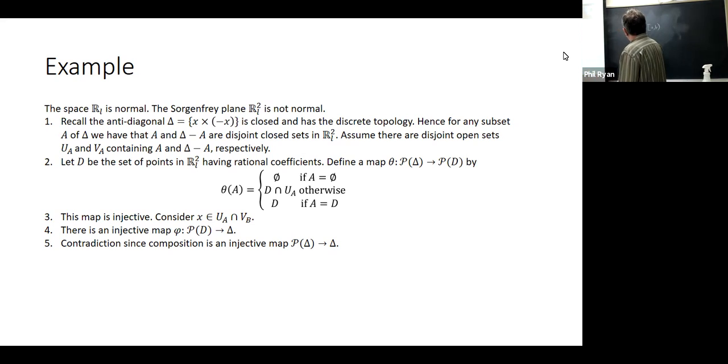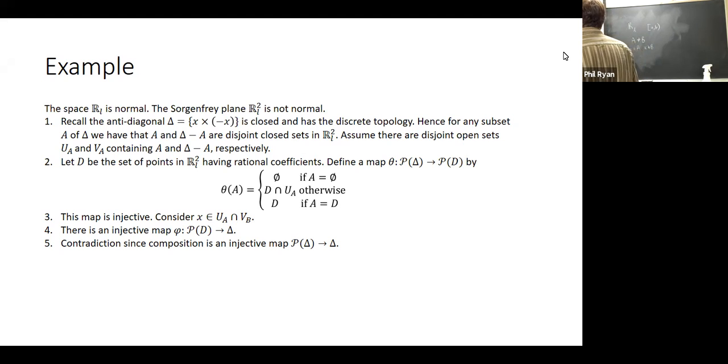So either X is in A and X is not in B, or X is in B and X is not in A. Without loss of generality, we would consider the first.